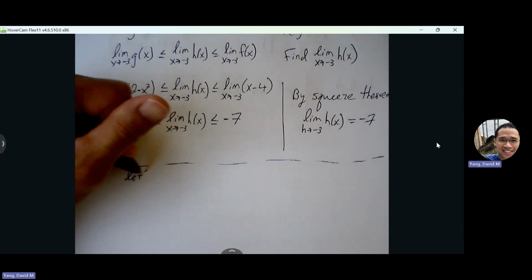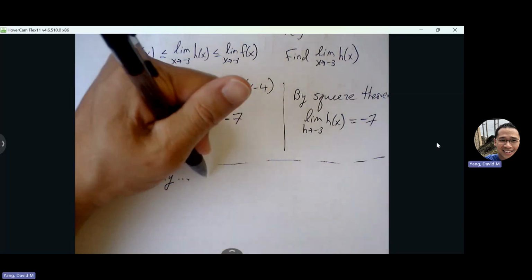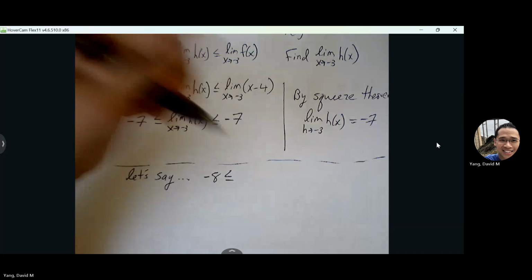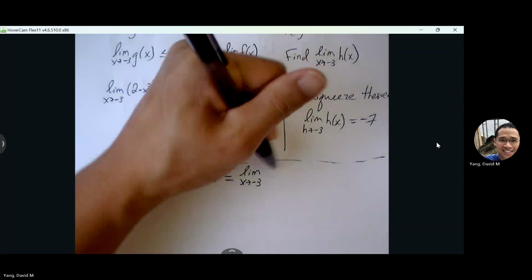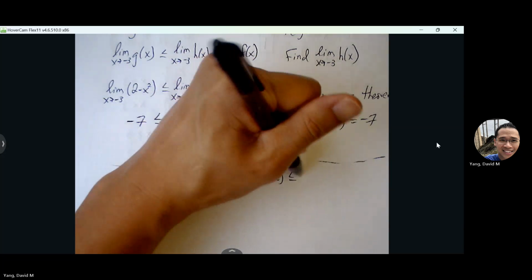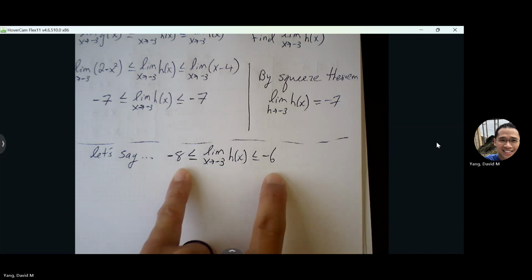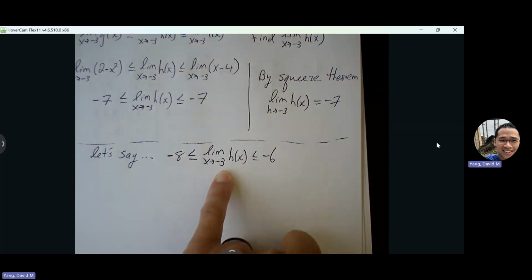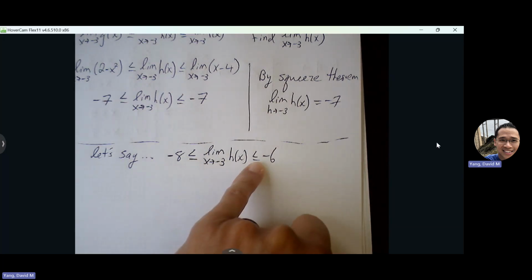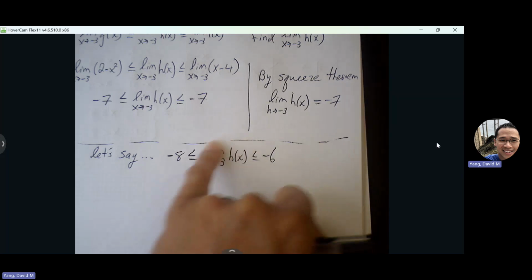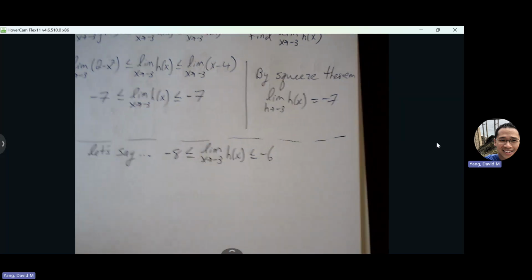But let's say instead of the result that you got, you got this instead. What about now? Do we know what that middle limit is? No, we don't. It could be -7.9. It could be -6.1. It could be -7. These numbers have to match. If they don't match, then we need more information. We just don't have enough information.